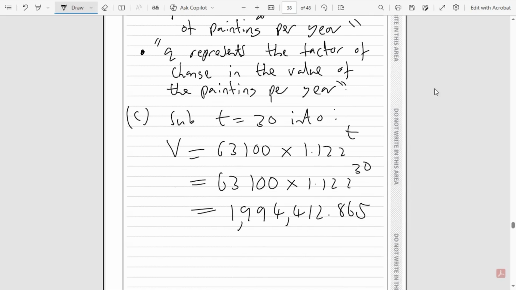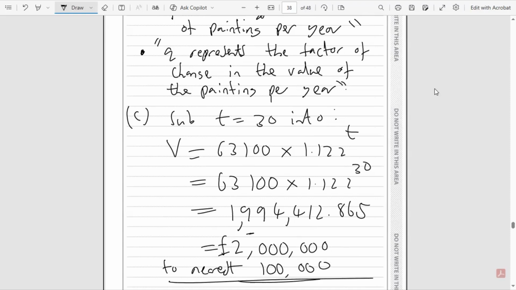So to the nearest 100,000, we're going to have to round this 900,000 there to the nearest thousand. That would go up to a million. So this is going to be 2 million. So 2 million to the nearest 100,000, £2 million to nearest 100,000. Perfect. So that's our answer there.